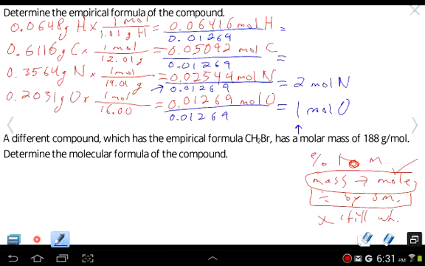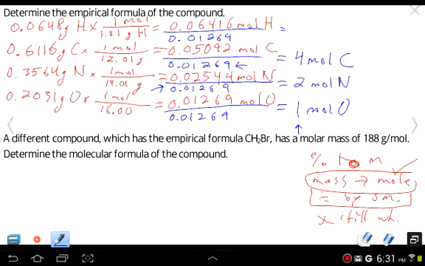For the carbon, it's kind of hard to see, so let's go ahead and divide. 0.05092 divided by 0.01269. So here we got roughly 4 moles of carbon. 4 times 12 is 48, but we have a little more than 48, so 4 times.